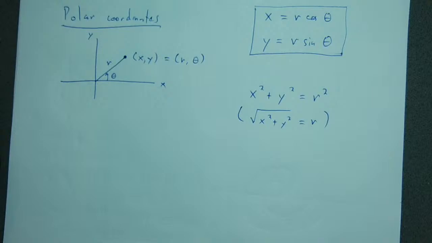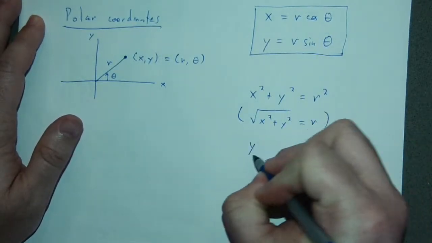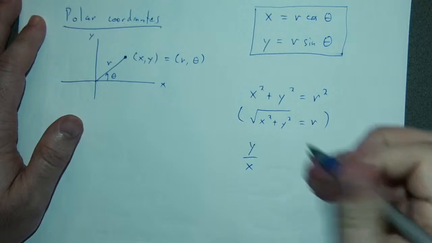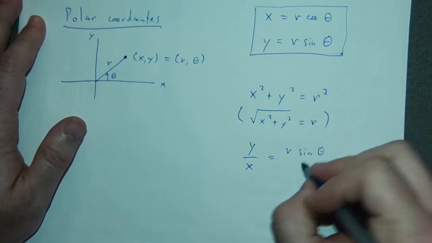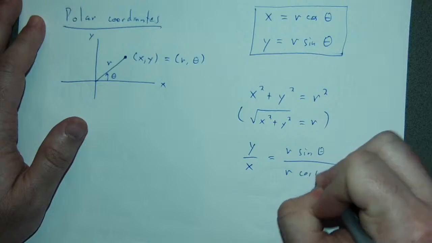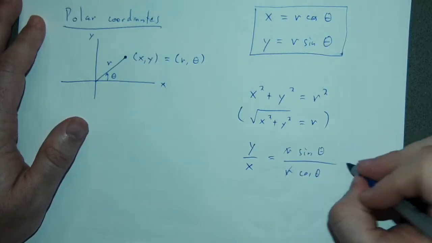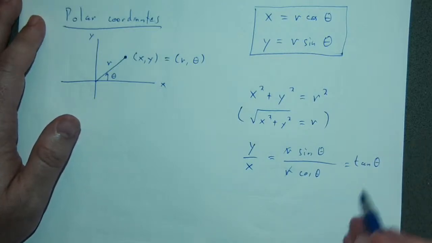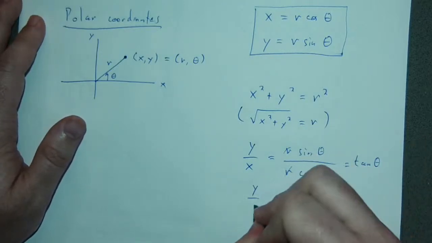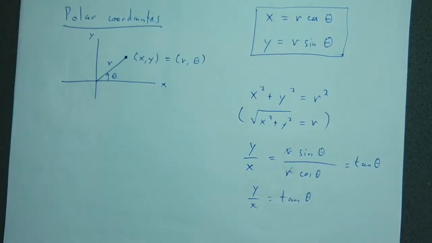And then how do I find theta? Well, notice that y over x is equal to r sine theta over r cosine theta. The r's cancel. Sine theta over cosine theta is tan theta. And so y over x is equal to tan theta, or theta is arctan of y over x.